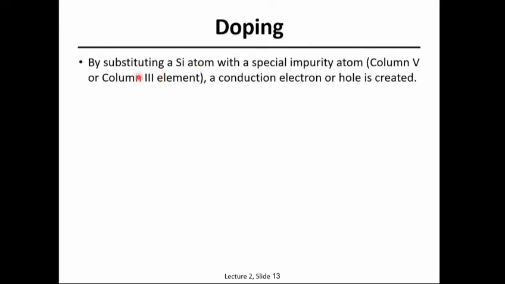So we will say this is an acceptor. This column is a donor atom. Donor meaning it donates, it gives an electron to silicon. This is an acceptor, it takes an electron from silicon.